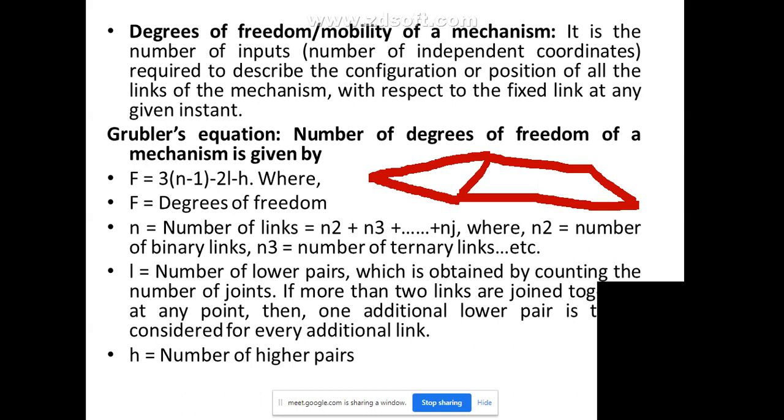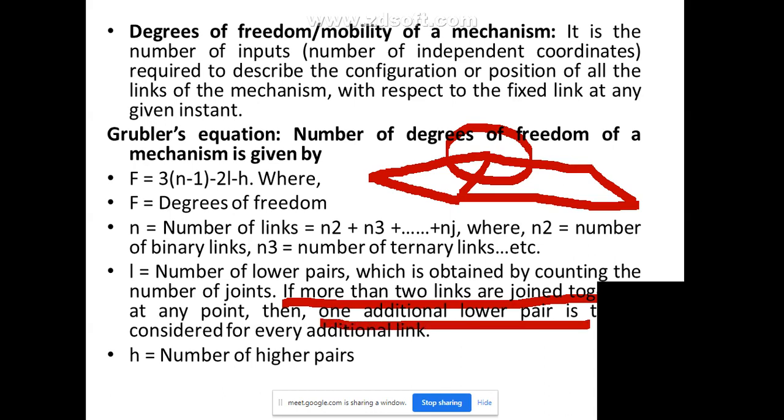After counting the number of joints, this word is very important: if more than two links are joined together at a point, then you have to take one additional lower pair.